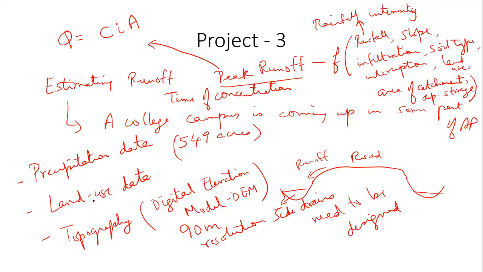Once you start building the campus, more and more buildings will come up, and there may be some trees in that area. Those trees will move away, and you will replace the natural ground with impervious surfaces like concrete and so on. So to some extent, your runoff coefficient will increase, right?